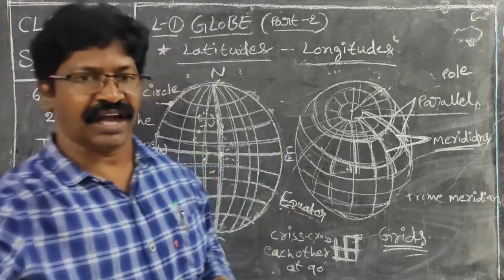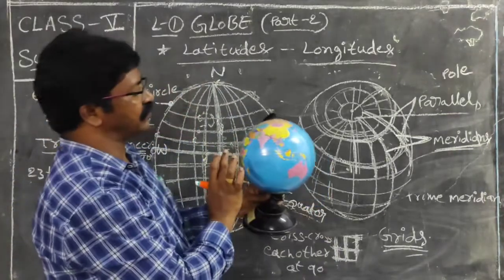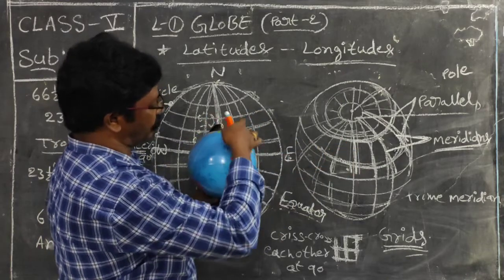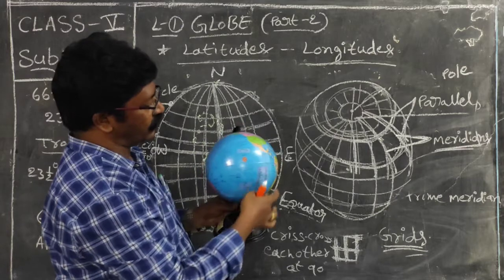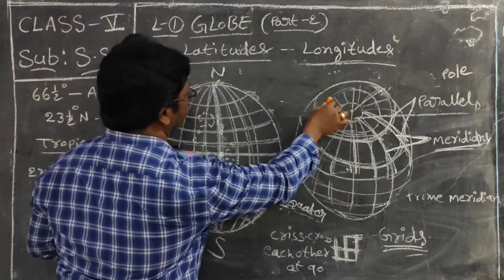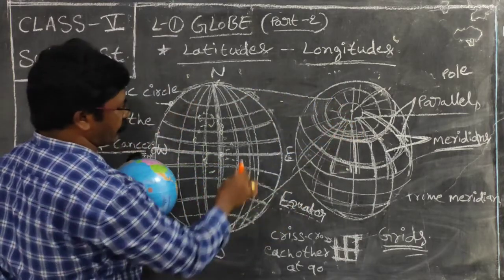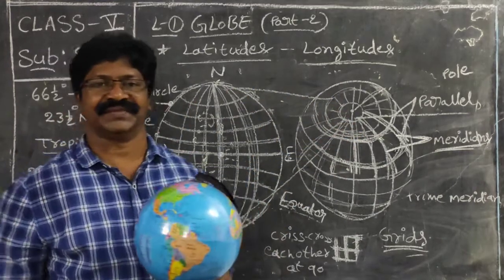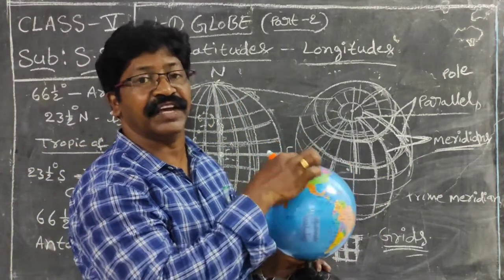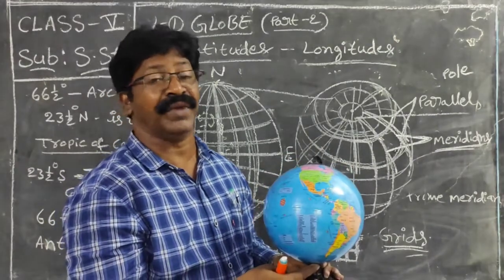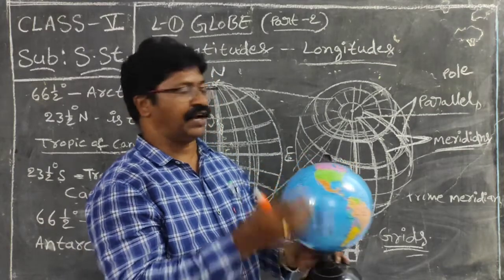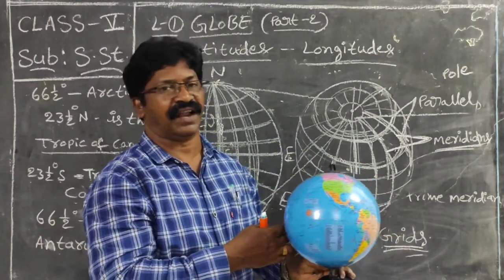When the earth moves towards the sun and sunlight falls on the meridians, that region has day, midday. And on the backside it is night time.